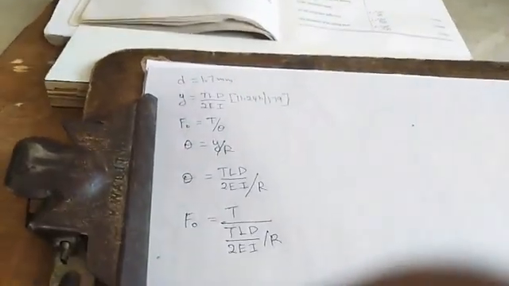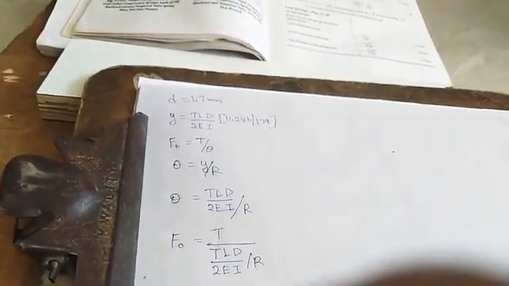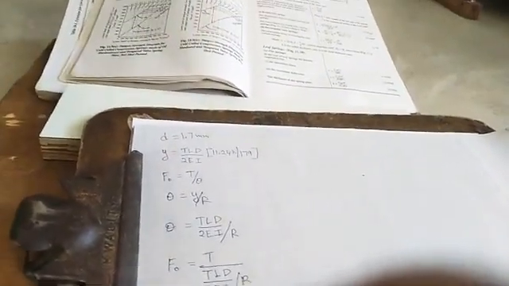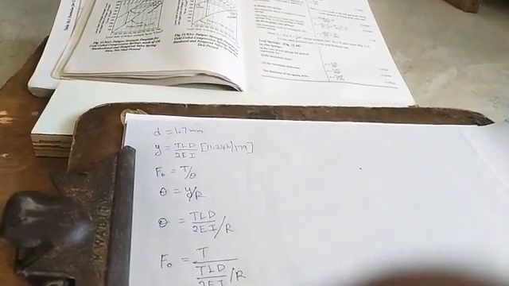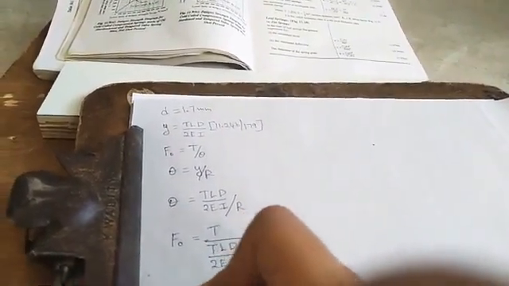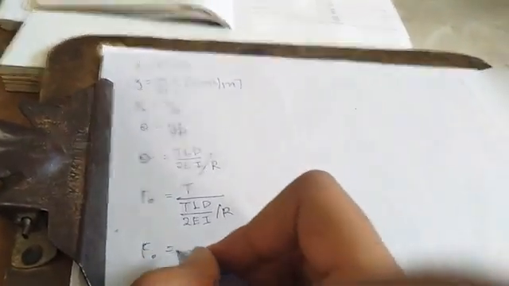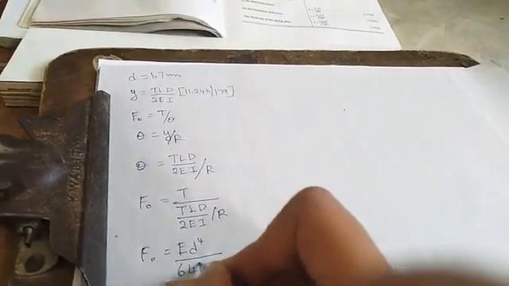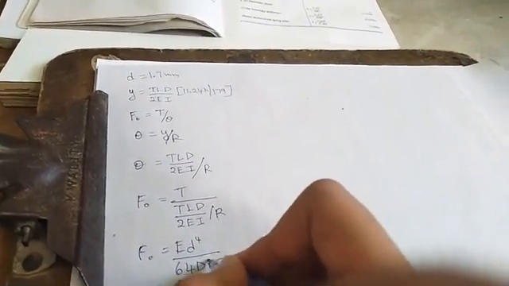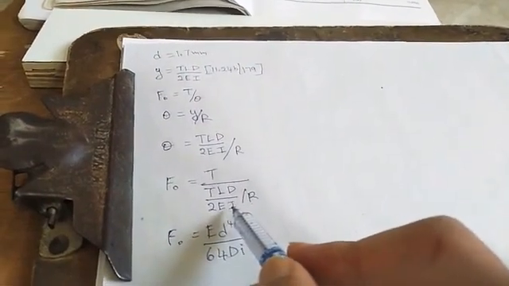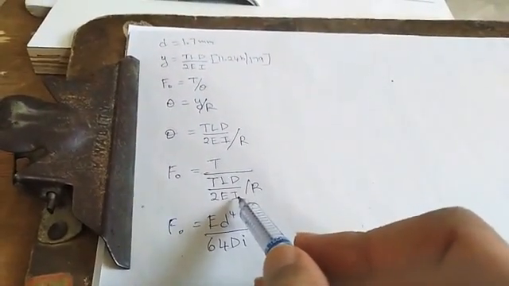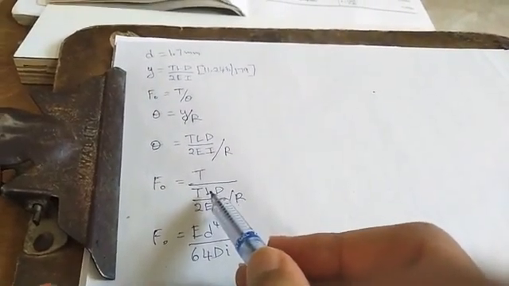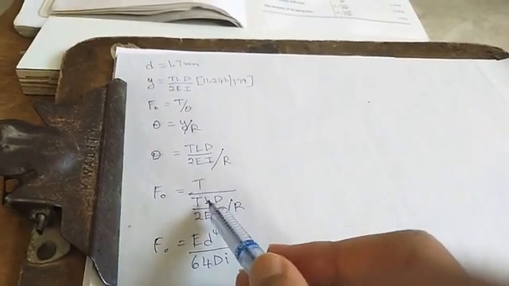On simplifying this equation, I will get F naught is equal to, because the value of I here is the moment of inertia, pi d power 4 by 64, and the value of L is pi I D, where I is the number of turns and D is the diameter.